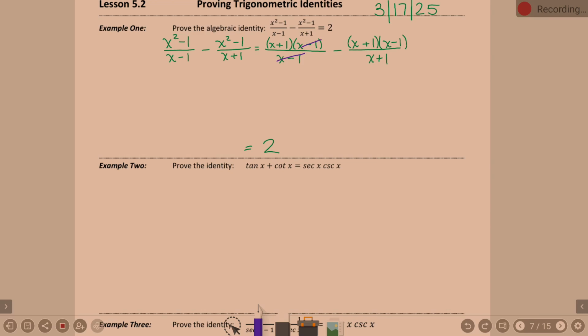In the second fraction, what happens? X plus 1 cancels with x plus 1, and what remains? X minus 1. So, in the first fraction, I have x plus 1 minus, in the second fraction, I have the quantity x minus 1.